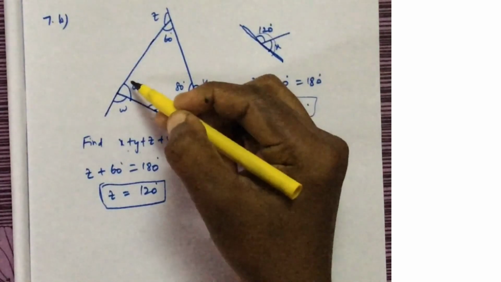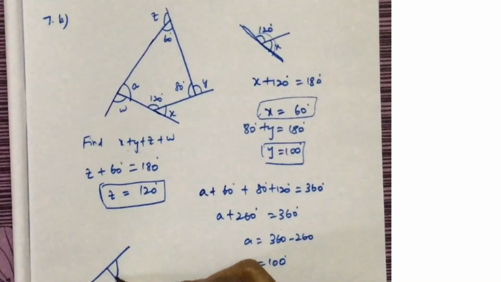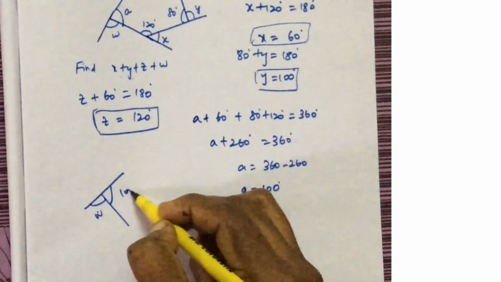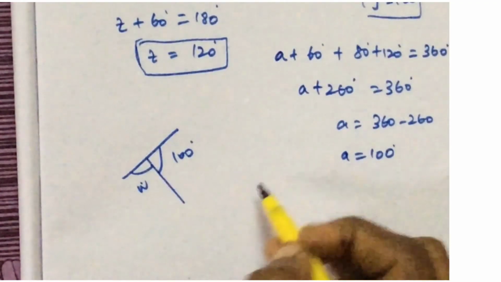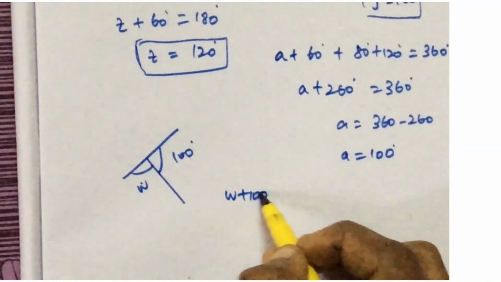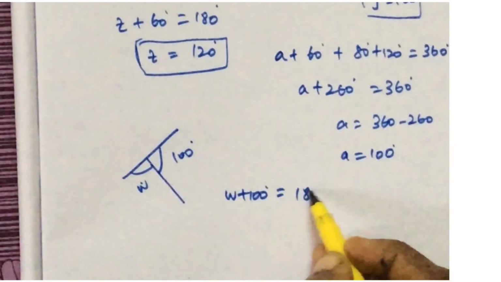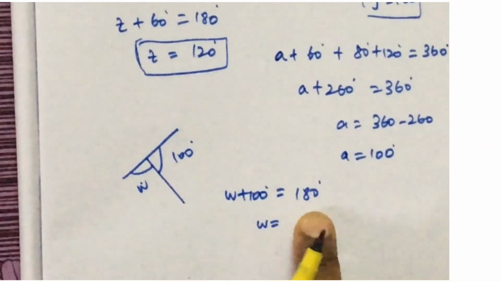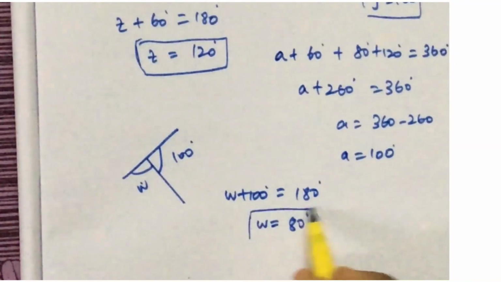Okay, if A is 100, if you draw like this, this is A and this is W. This A is 100. So what is W? W plus 100, if you add this together, this is a straight line, so it should be 180. So W equals 180 minus 100, which is 80.